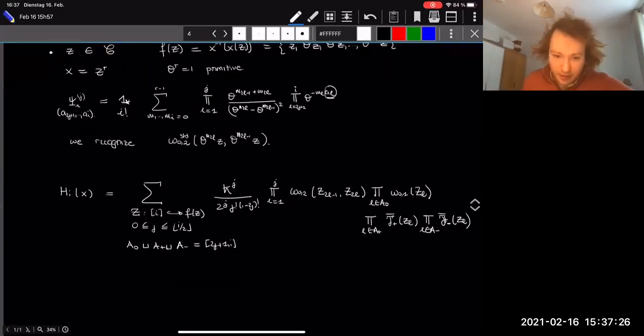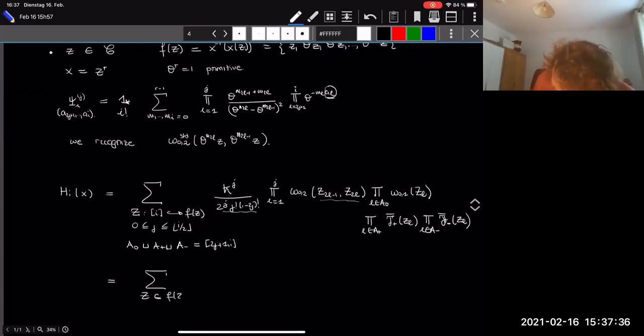And that you can write again in a different form, because after all, this is a sum over pairs. So you can also say this is a sum over cardinality I subsets of the fiber. And then the composition, so a sum over all pairs.